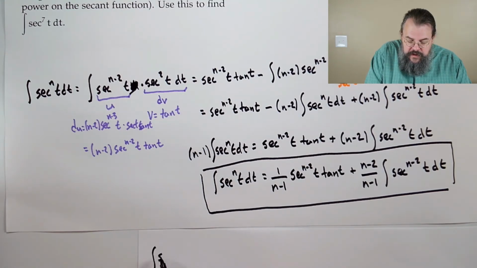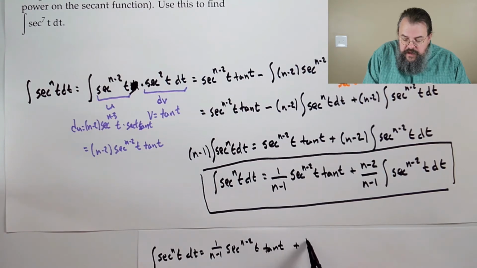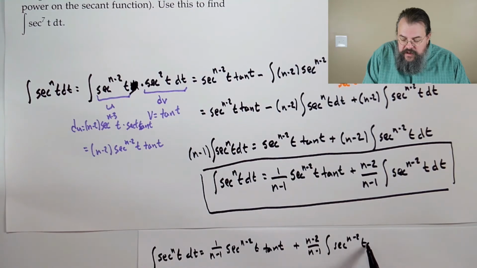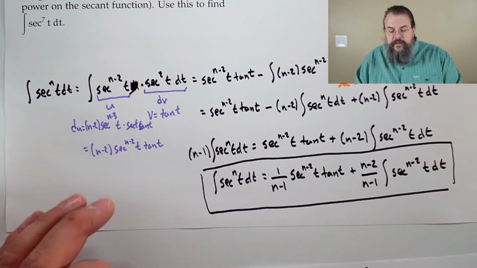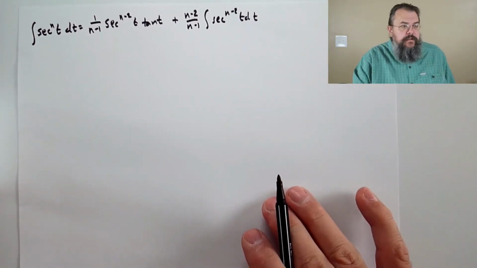So the integral of secant to the n t dt is 1 over n minus 1 secant to the n minus 2 t tangent t plus n minus 2 over n minus 1 integral secant to the n minus 2 t dt. All right, I'm just copying it down again for reference, and let's see if we can make this work.